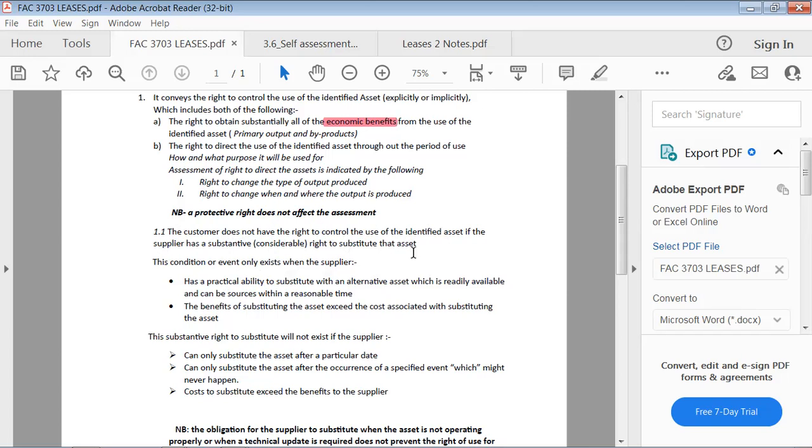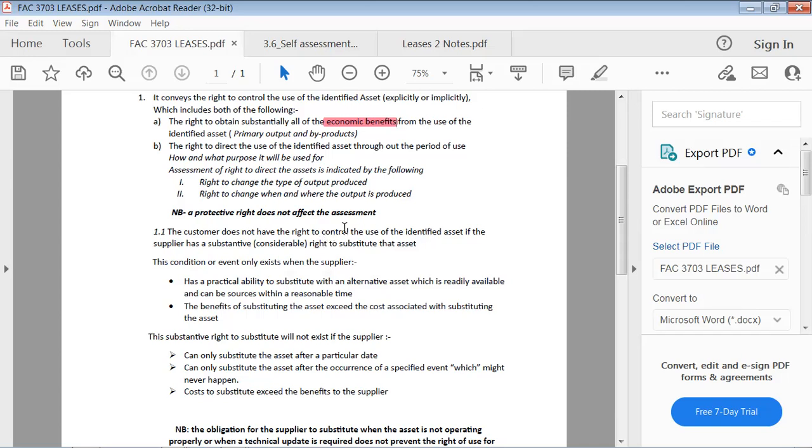And when a supplier has a substitution right, the right to substitute an asset that he or she has given you, it simply means that you as the customer do not have the right to control.